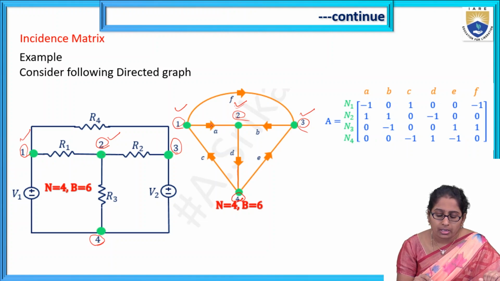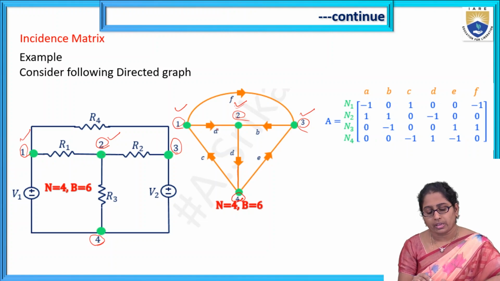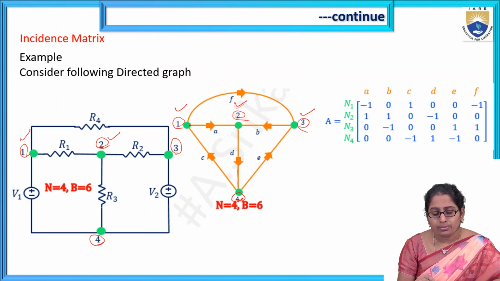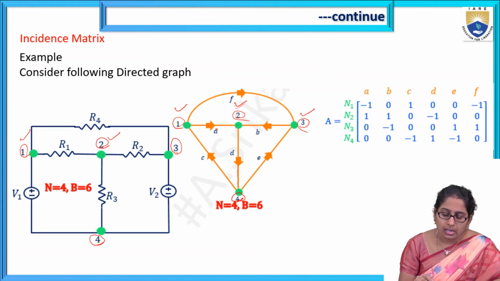The current in branch A is flowing from node 1 to node 2. Then this is branch B, whose current direction I have shown flowing from node 3 to node 2. Then next, this is branch C, along with its direction I have taken like that. Next branch D with its direction, branch E.